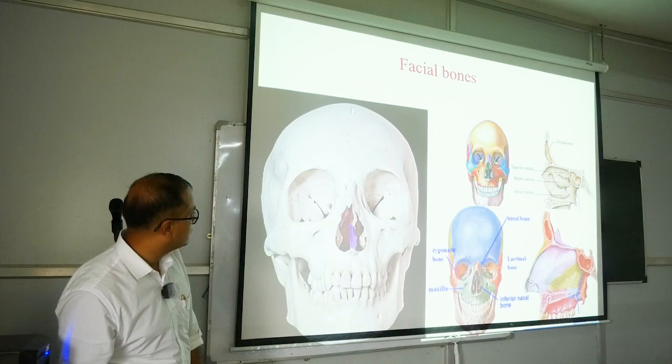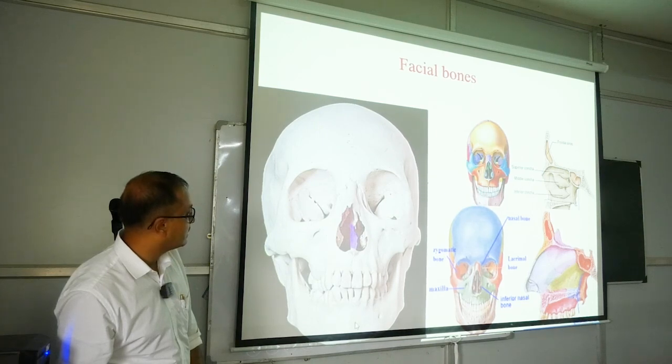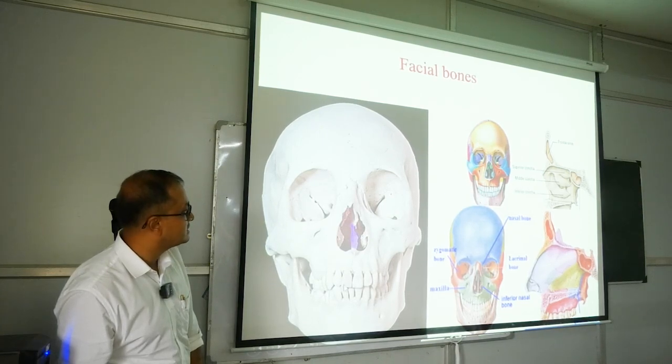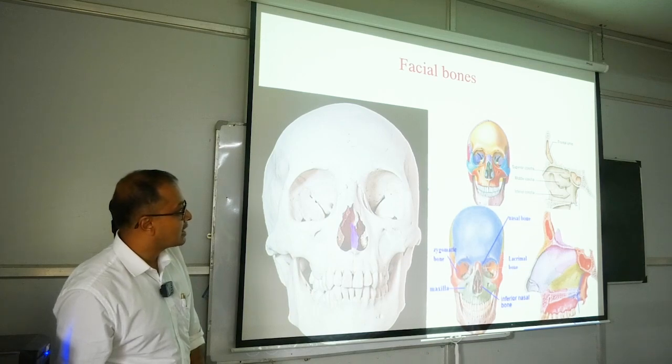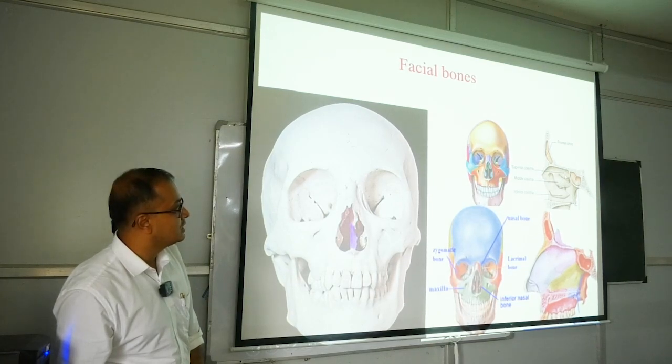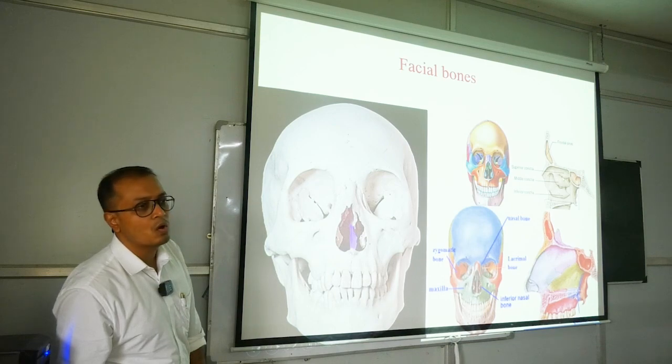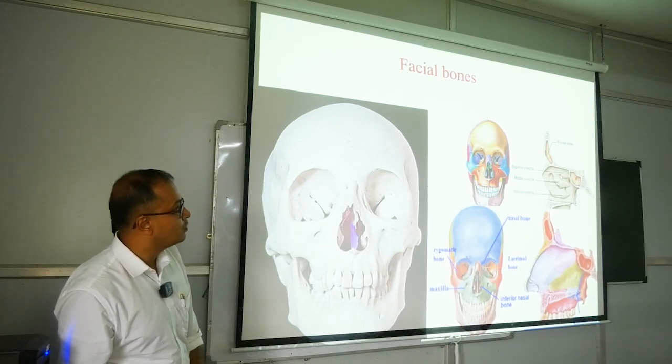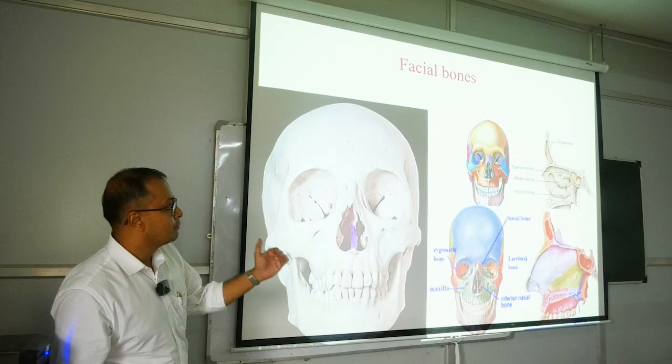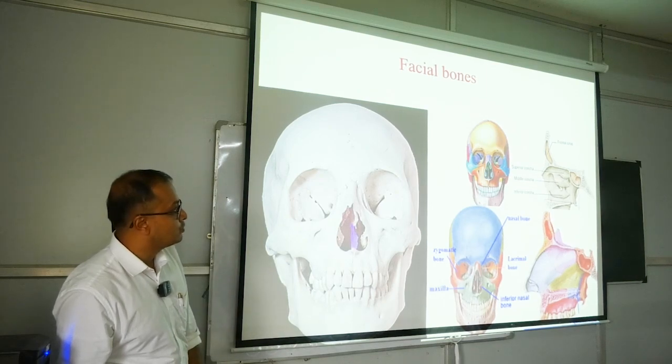Now if you cut this skeleton in the midline, like through an incision, and see it from inside, in the lateral wall of the nose you are going to see a number of bones like this. They are known as conchas. There are three bones lying like projected ends, 1, 2, and 3.